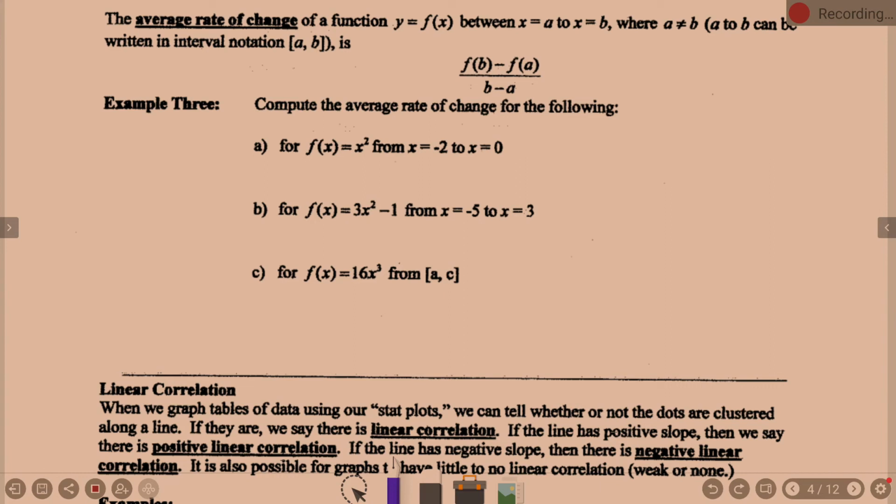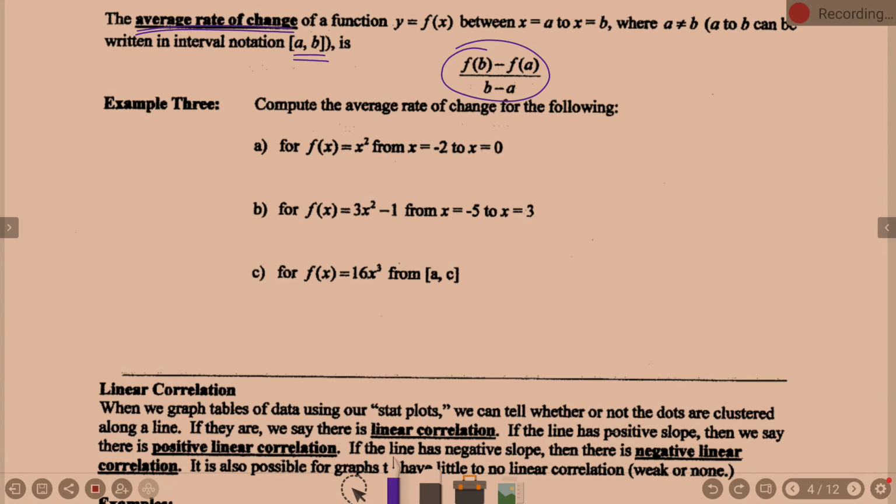Okay, so for average rate of change, we're going to use this formula right here. Basically slope, guys: f of b minus f of a over b minus a, where b and a are your x values, and f of b and f of a are your y values. So I'm saying basically slope, but this is average rate of change over the interval a to b.